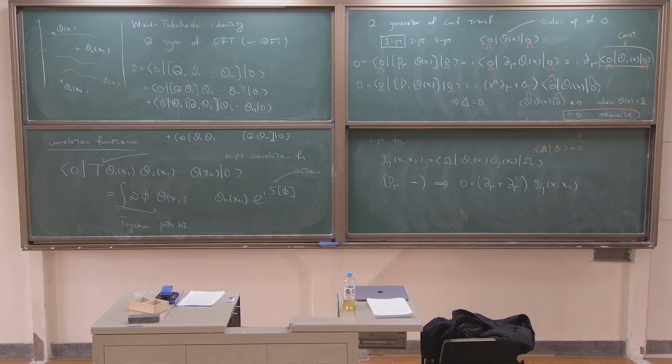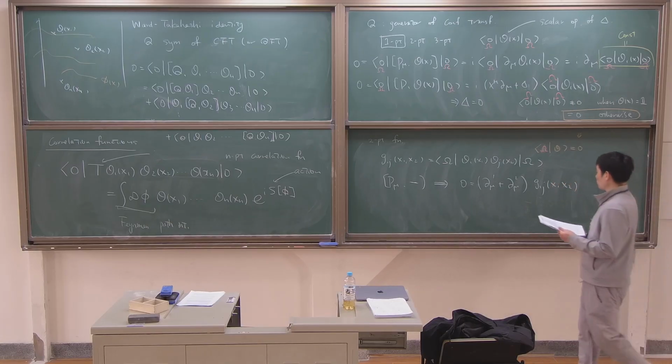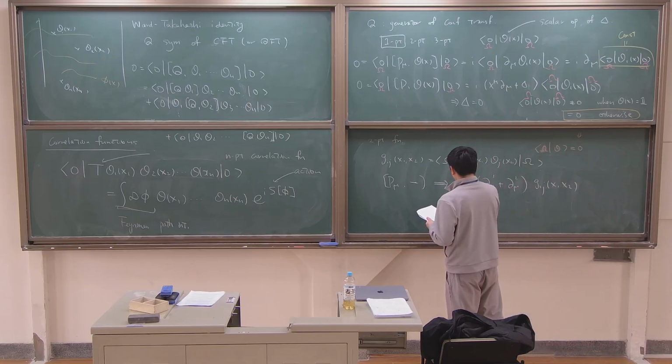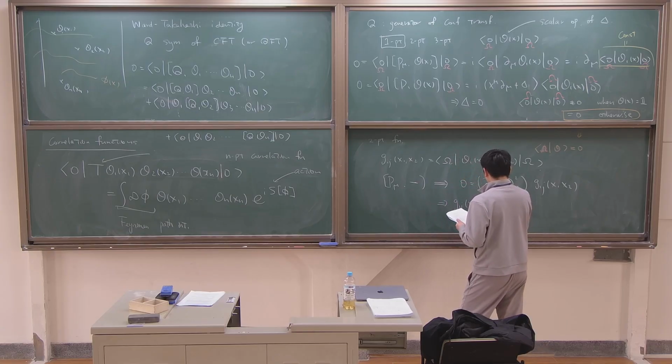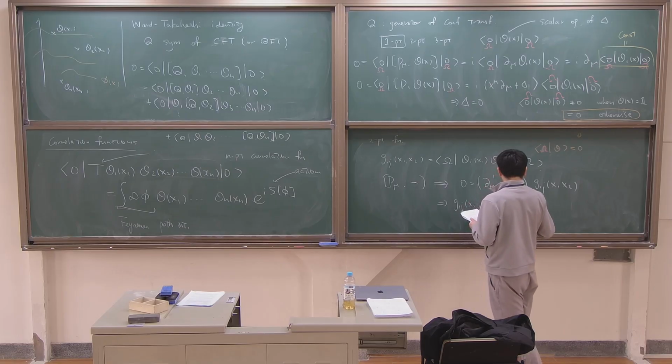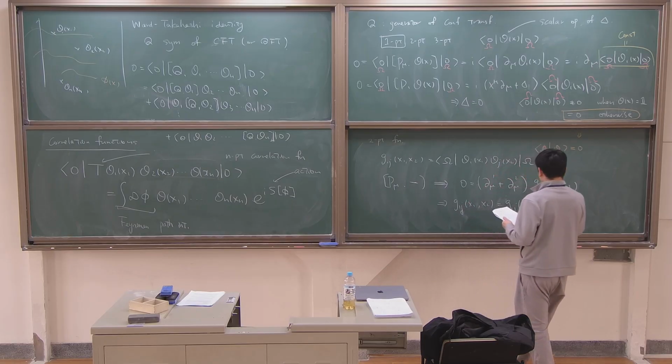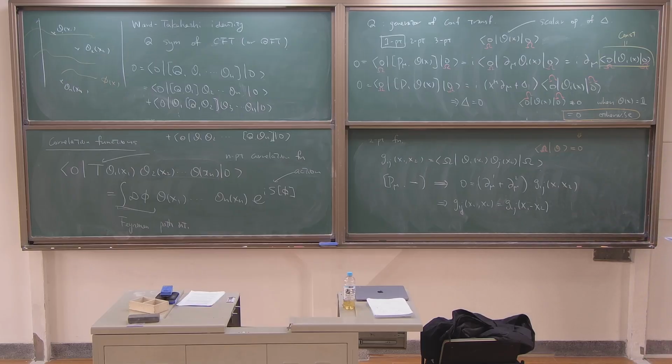Okay, so this means that G, the two-point function, is a function of the difference of two points.